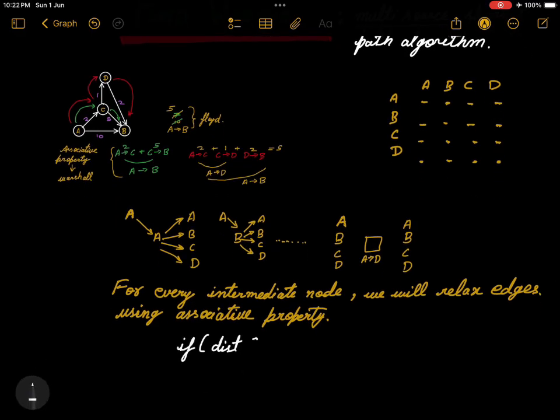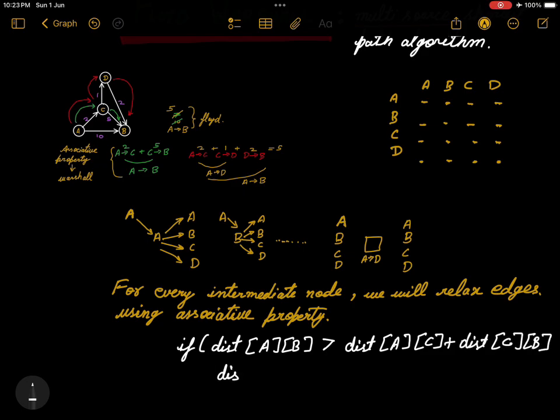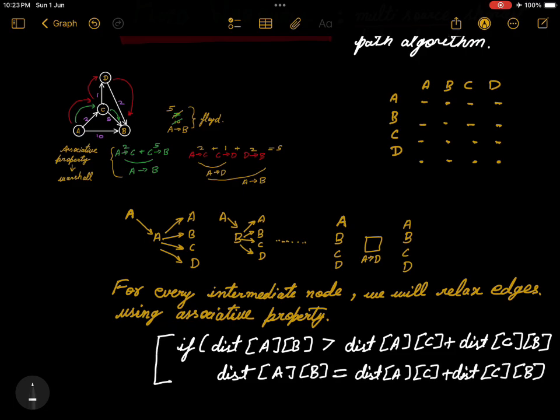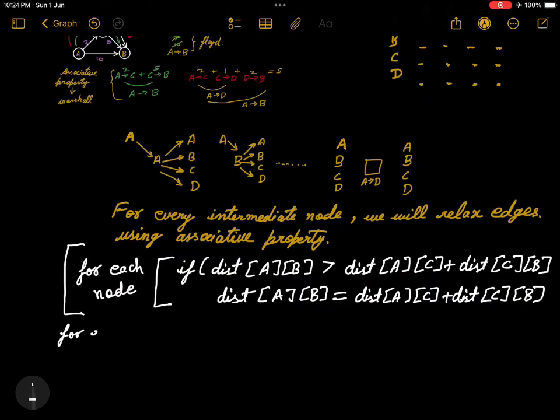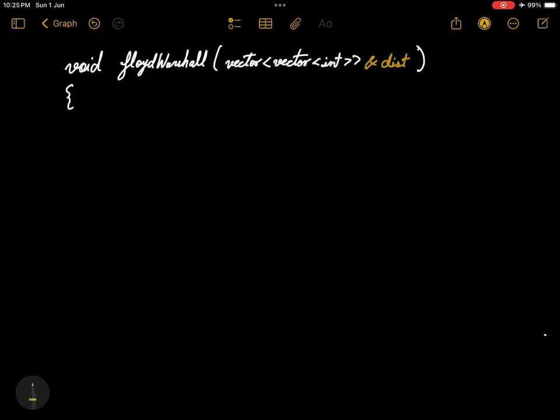So if I write it as an equation, it will be: if distance of A to B is greater than distance of A to C plus distance of C to B, where I am taking C as an intermediate node, then I will relax this edge, okay, and this I will do for every node, right? And this whole process I will do for every intermediate node. So I will pick an intermediate node and I will find the shortest path between all the nodes to all the nodes, okay, via this intermediate node.